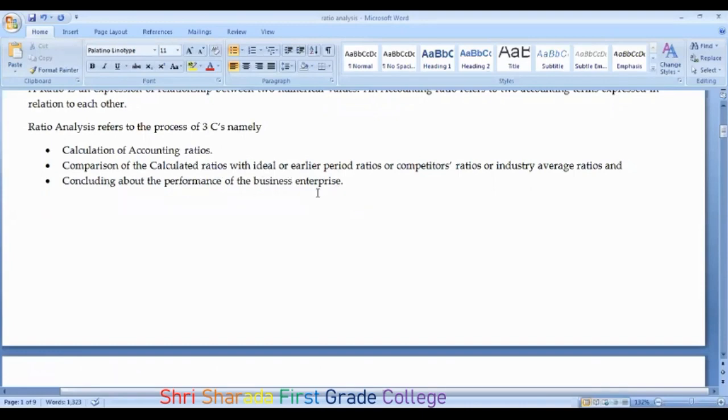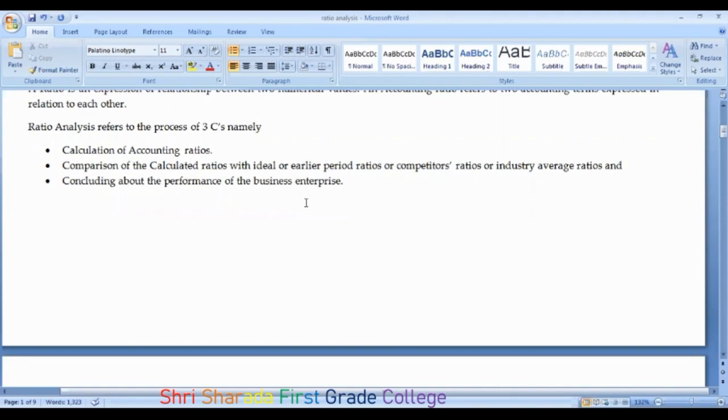So this is how the process of 3 C's goes on with ratio analysis. First you find out the accounting ratio, then there is a comparing activity with the ideal ratio, the earlier ratio or the competitor's ratio, and then you give certain suggestions based on the performance made by the firm.